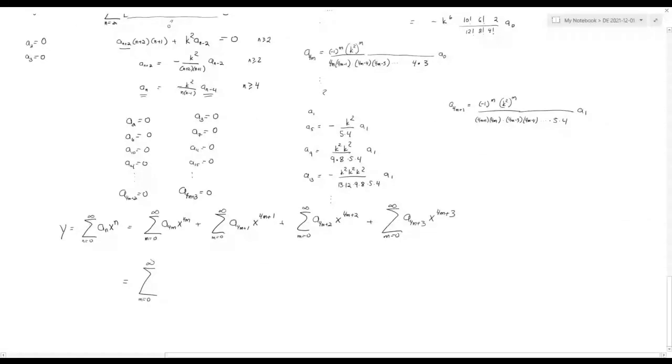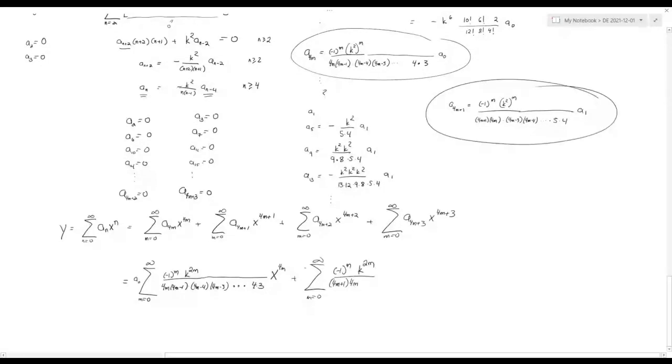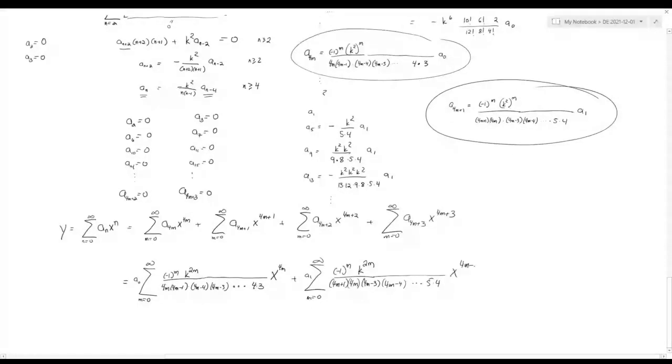All right, so we're going to go ahead and use that a0 as a common factor. Second term, we're going to use a1 as a common factor. And the other coefficients are 0, so those go out.